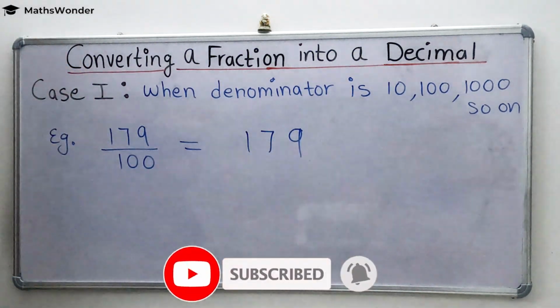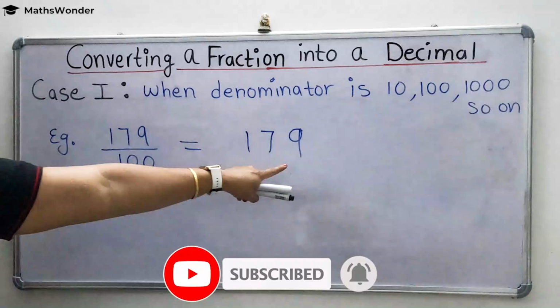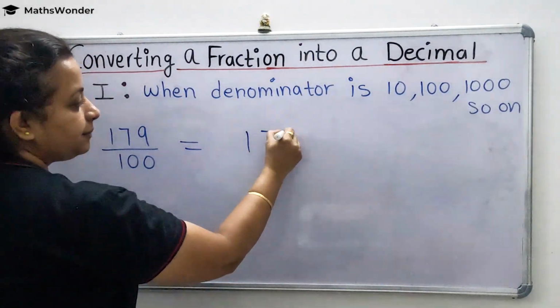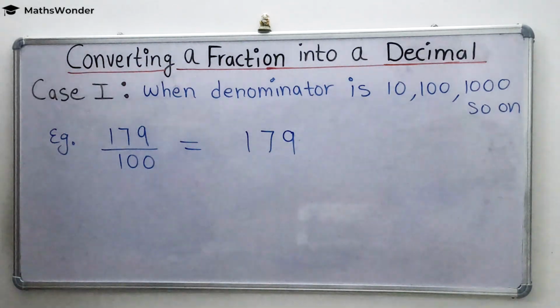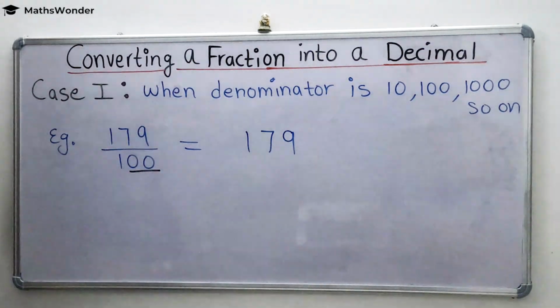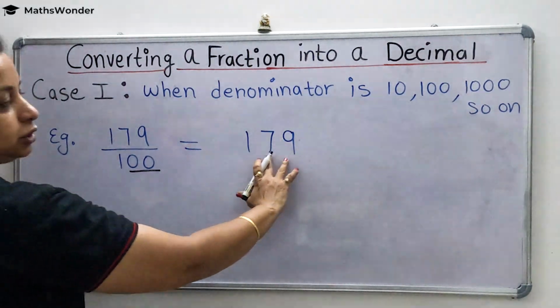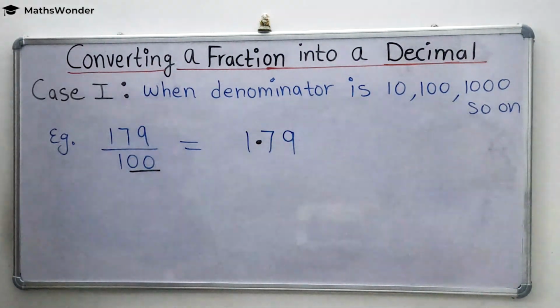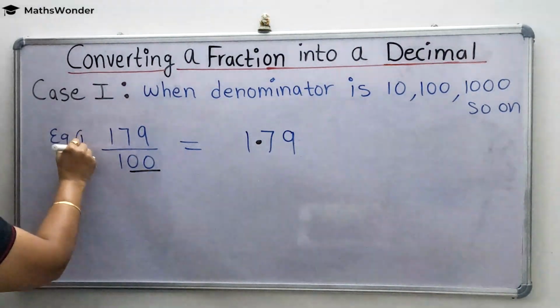Then start from the extreme right and count the zeros. Move the decimal point to the left by that number of digits. So here we have 2 zeros. Start from the extreme right, count 2 digits and put the decimal. This is example number 1.